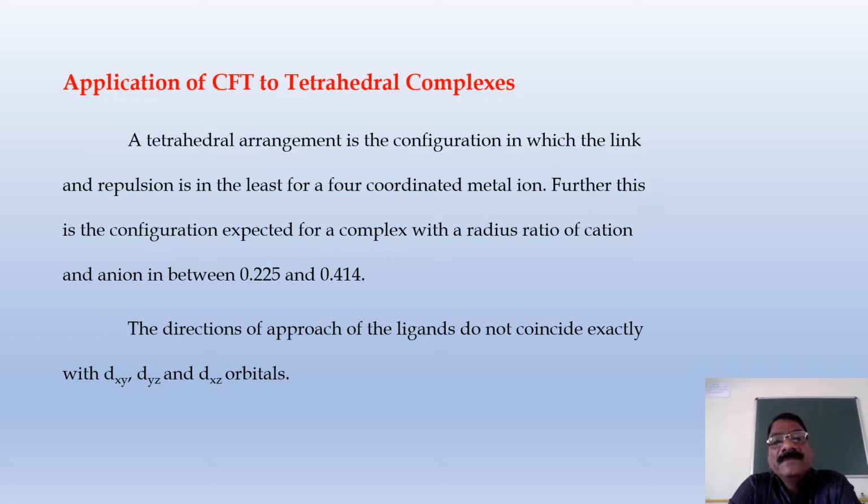A tetrahedral arrangement is the configuration in which the ligand-ligand repulsion is the least for a 4-coordinated metal ion. Further, this is the configuration expected for a complex with a radius ratio of cation and anion in between 0.225 and 0.414.